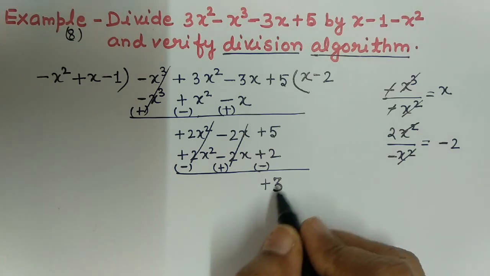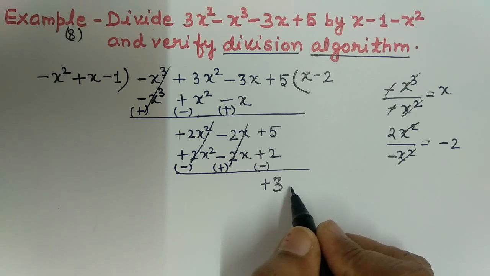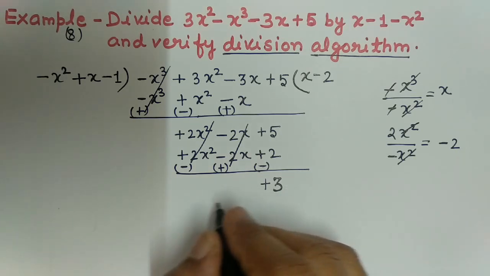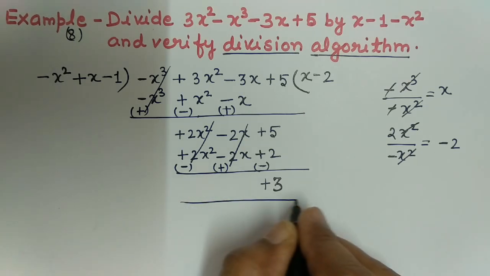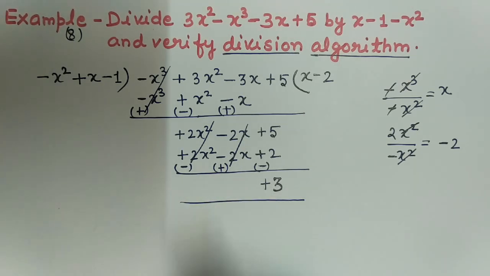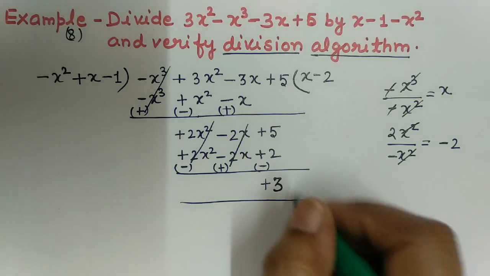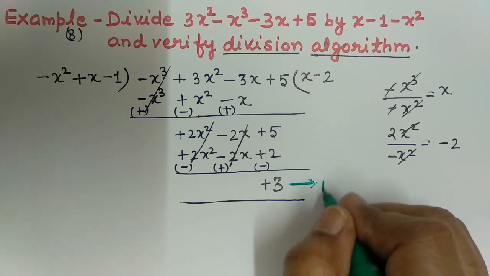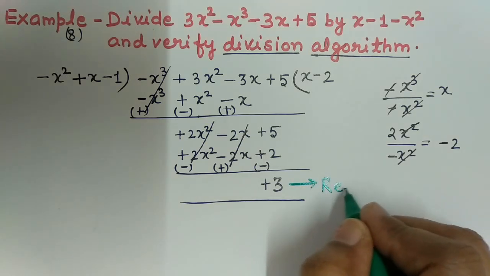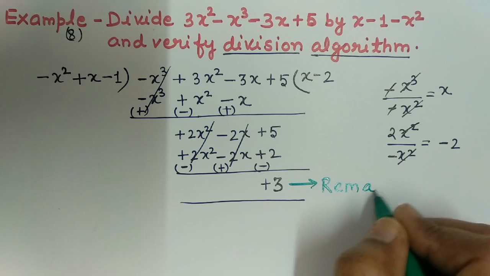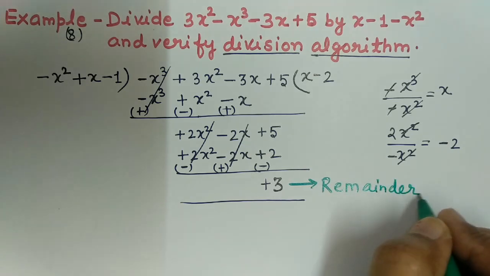So the degree of dividend has become 0. So we cannot divide further. So this is our remainder. So the plus 3 is our remainder.